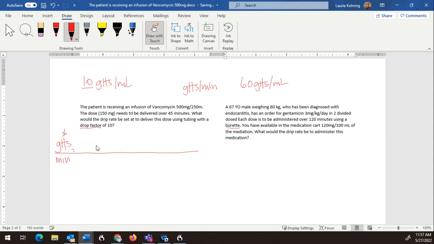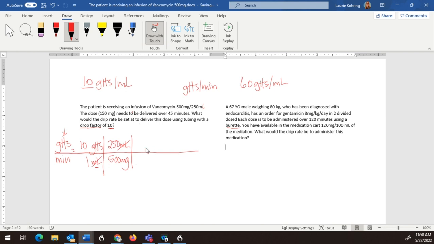My unit in the numerator is going to be my starting point over on this side of the equal sign. And I know that 10 means 10 drops per 1 milliliter. The unit on the bottom is going to be placed up top. So we have 250 milliliters, and that is paired with 500 milligrams.